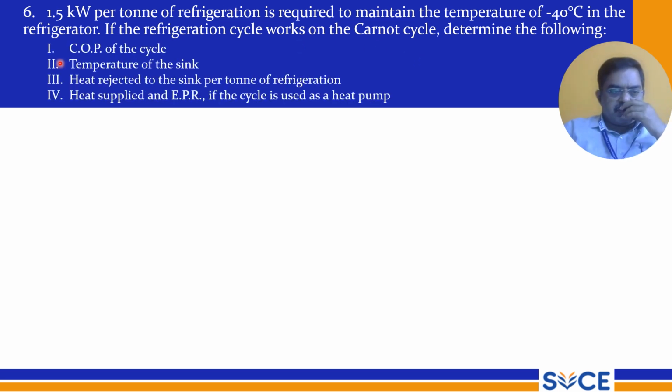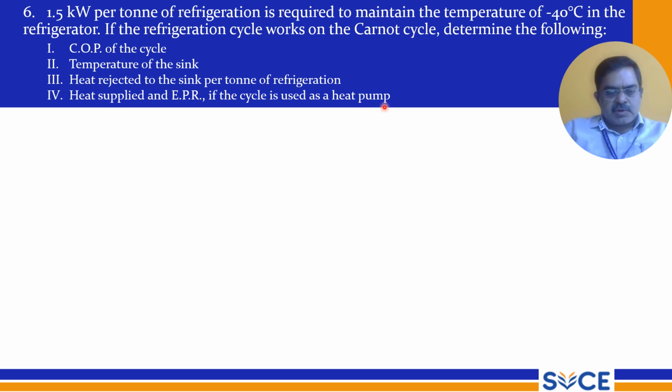First one is COP of the cycle, temperature of the sink, heat rejected to the sink per ton of refrigeration, heat supplied, and EPR. EPR is nothing but energy performance ratio. It is also COP only. COP if the cycle is used as a heat pump. So it is heat pump COP we have to compute here.